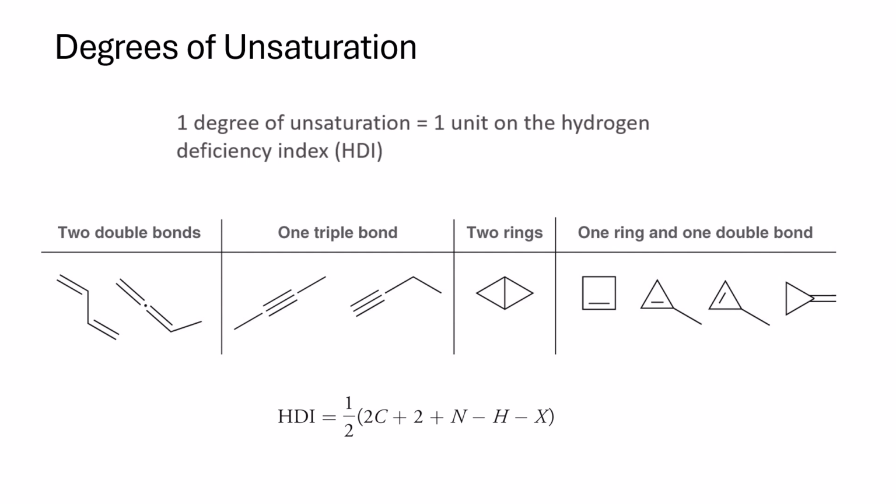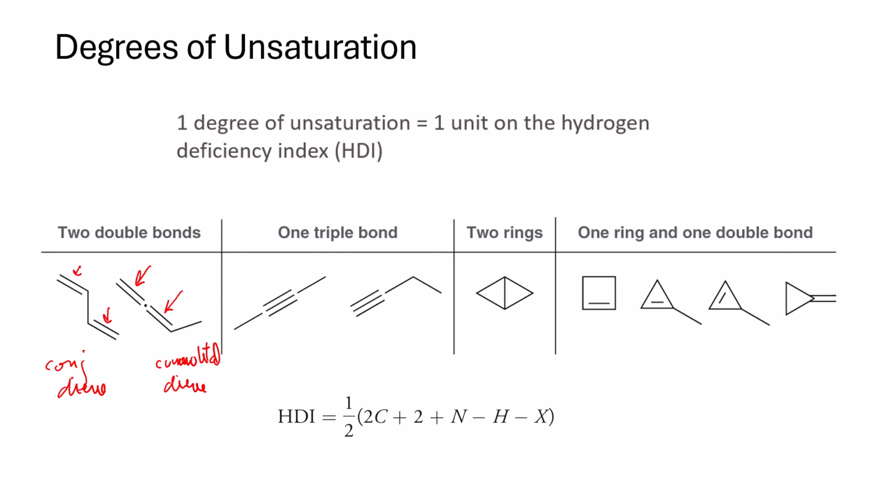Now, these are the possible combinations. Each double bond here is 1 unsaturation, so 1 here and 1 more makes 2. This is a conjugated diene, and this is another diene, but it's cumulated. Still, you have the same number of unsaturations.